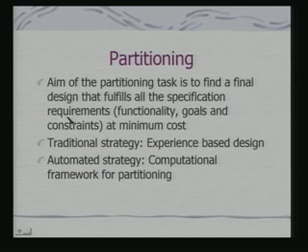So, the basic aim of partitioning is to find a final design that fulfills all the specification requirements, functionality, goals and constraints at minimum cost. You can understand why this partitioning requirement will come in.